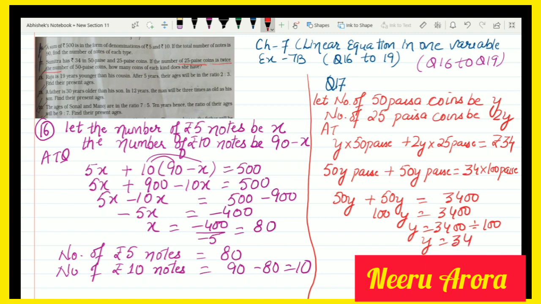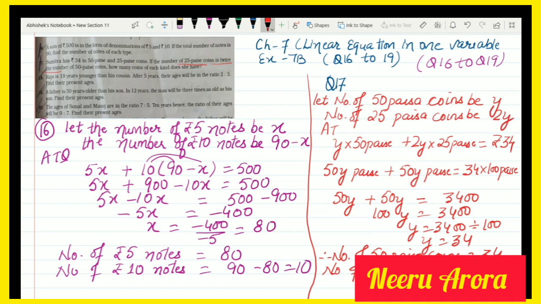So we can say that the number of 50 paisa coins is equal to 34, and the number of 25 paisa coins is equal to 34 into 2, that is 68.